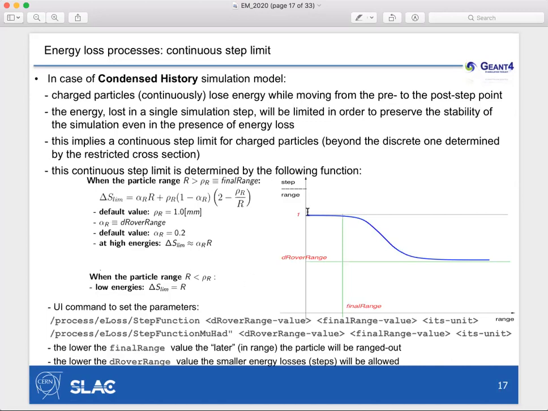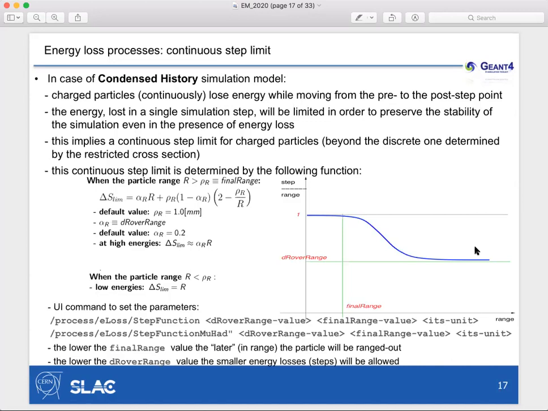And here I show that there are default values for this. This 20% is not fixed. You as a user can set with a UI command what this high energy value is, whether it's 0.2, 0.1, or if you want it stricter, you can go down even to 0.05, 0.02.